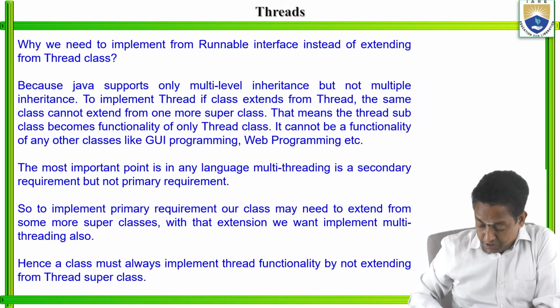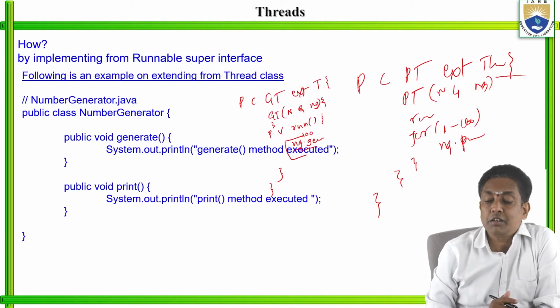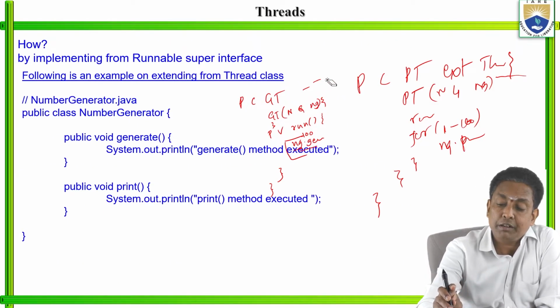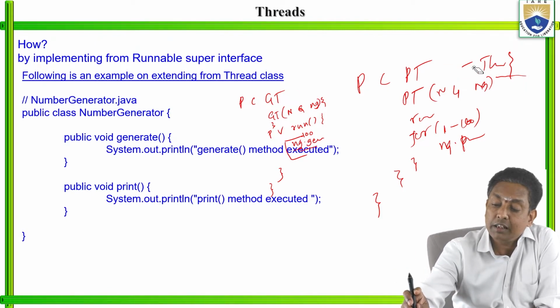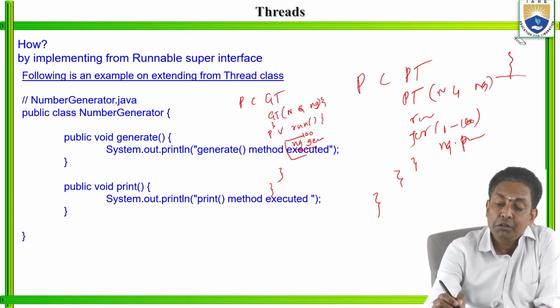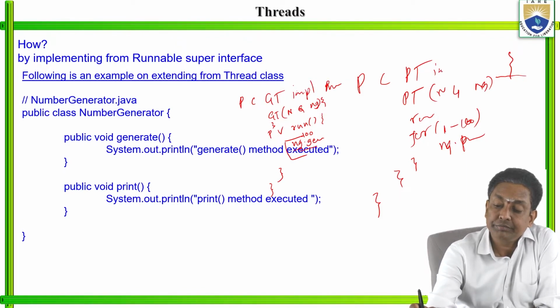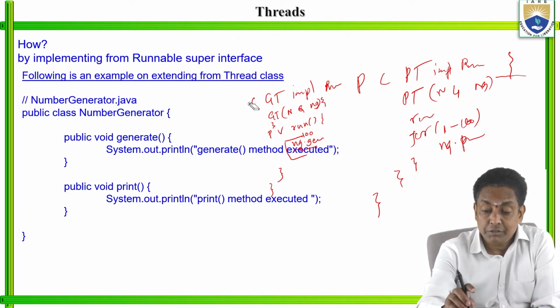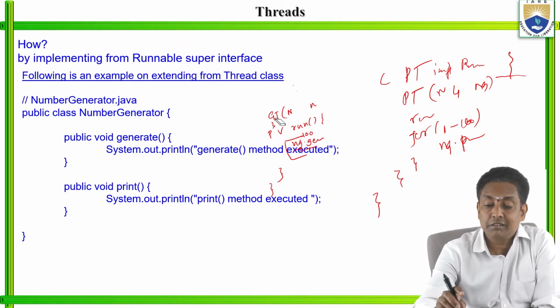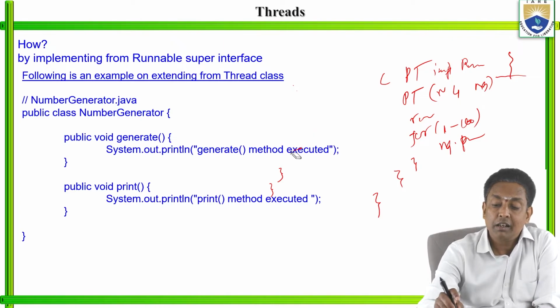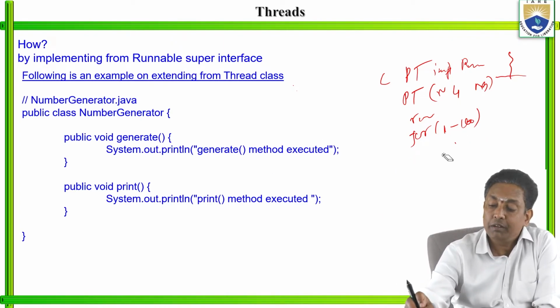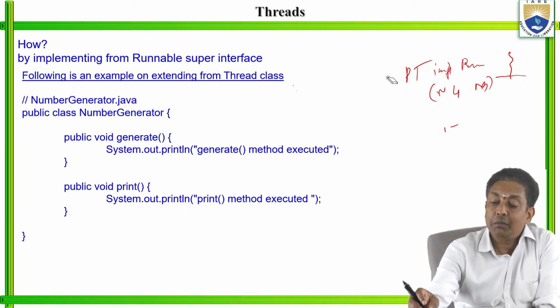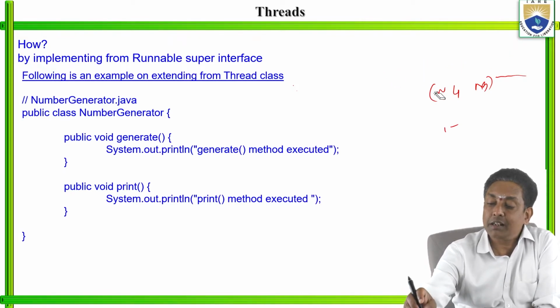You need not change anything here, except instead of writing extends from Thread class, you simply write implements Runnable interface, and you simply change the superclass. Instead of extending from Thread, you write implements Runnable interface. The remaining implementation remains exactly the same.